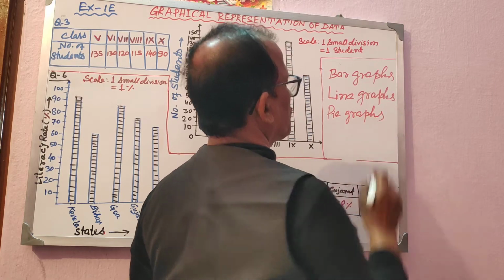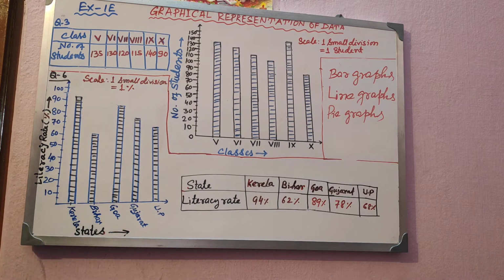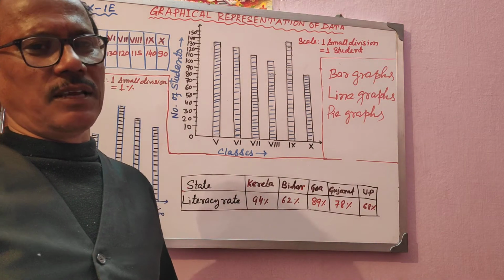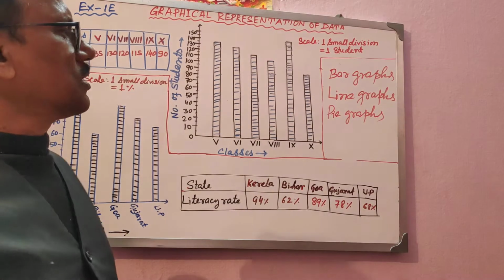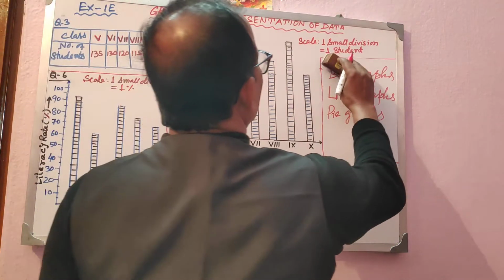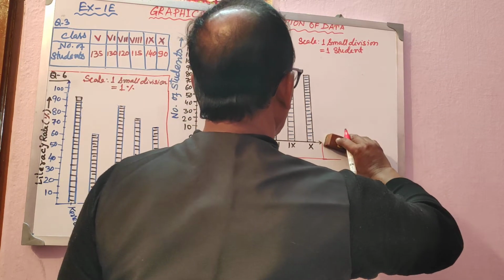Could you understand? So generally we represent data graphically in these ways.